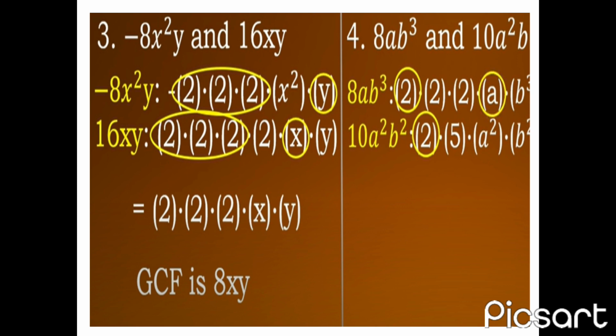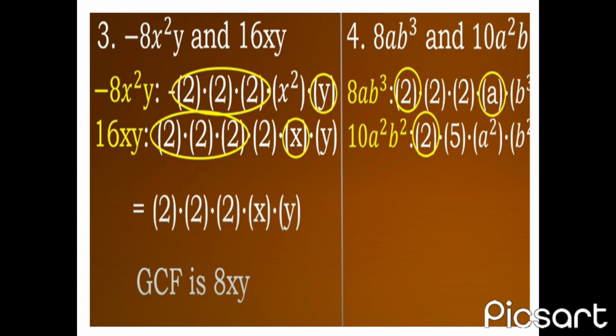Negative 4 times 2 is negative 8. Then we have the variables x times y. And then we have 16xy, where the factor of 16 is 2 times 2 is 4, times 2 is 8, times 2 is 16, and the variables x and y.